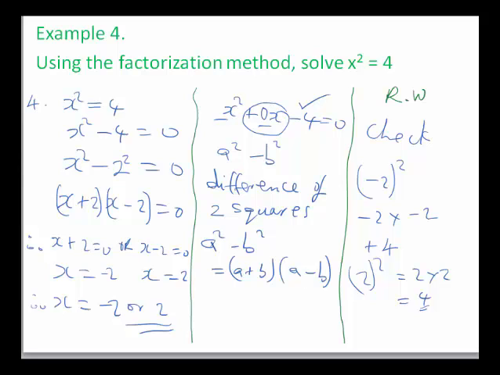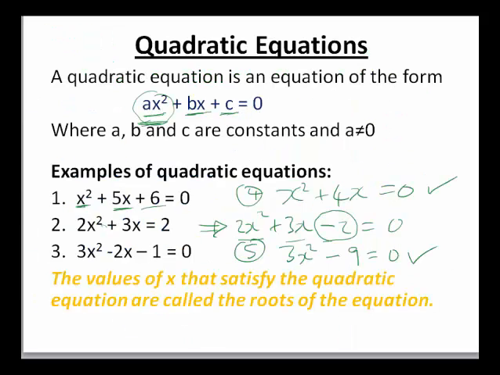Okay. Now before we round up, I need to walk you through what we have done. So quickly we started this series with showing the form of a quadratic equation, where we say that it's of the form ax squared plus bx plus c is equal to 0, where a, b, and c are constants and a is not equal to 0.